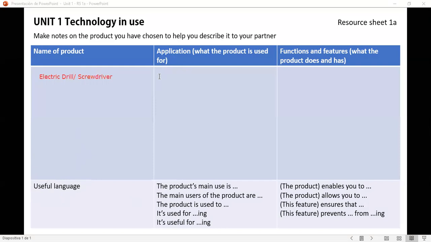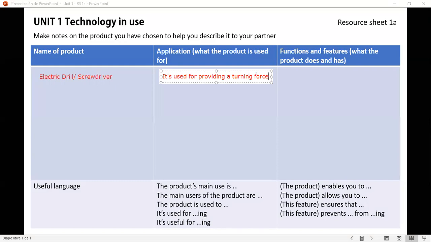Okay, my electric drill, I use it for, or I can write the phrase down. It's used, I'm choosing one of the phrases below. It's used for providing a turning force.